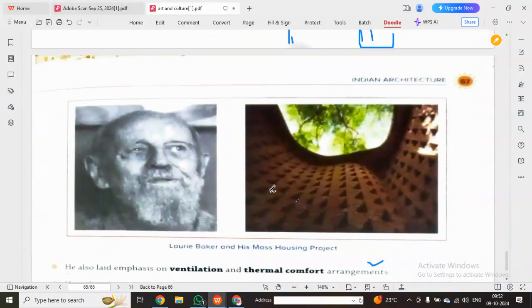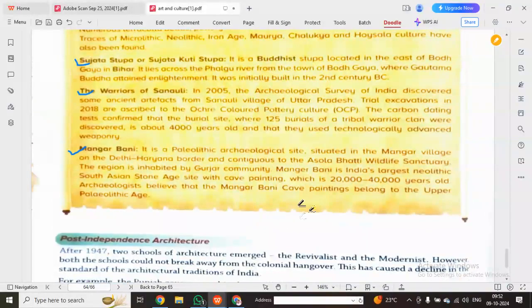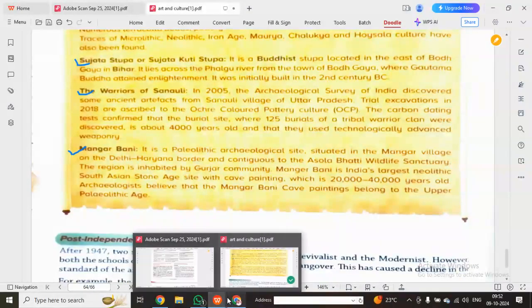The construction was influenced by the Chausath Yogini temple at Mitawali in Madhya Pradesh. So this is how the new Parliament looks, okay. Bimal Patel is the architect.